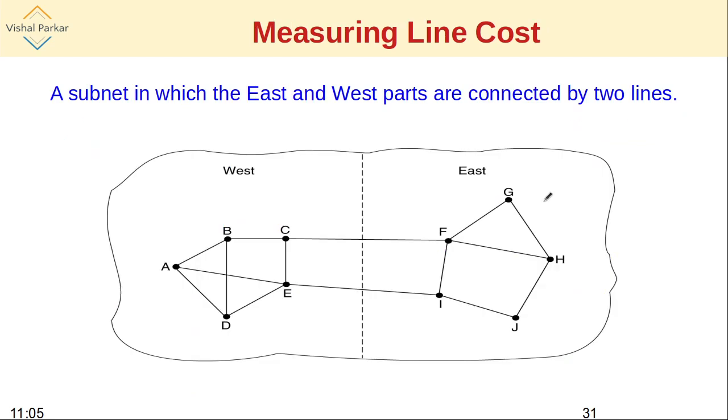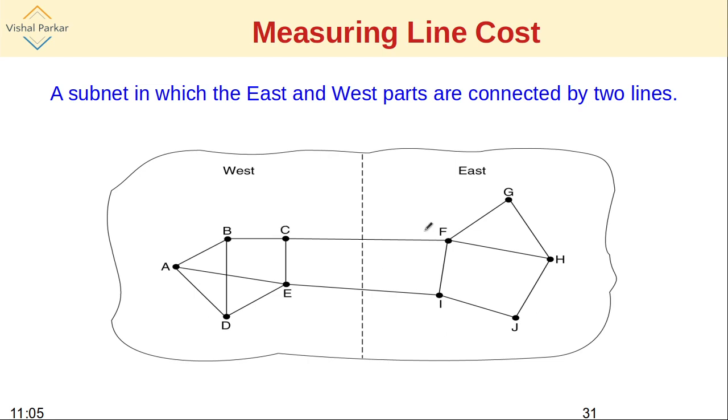Now there is one more situation. We have seen that the dynamic routing algorithms will calculate the path or the shortest path taking into account the load. So imagine two subnets, or one single subnet, which is connected with two lines.